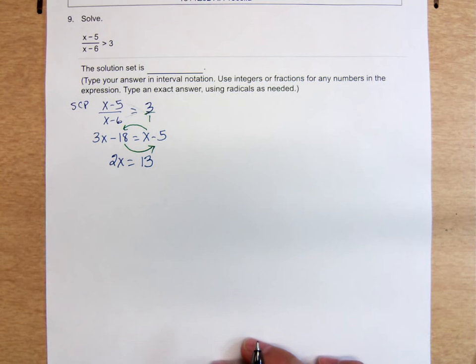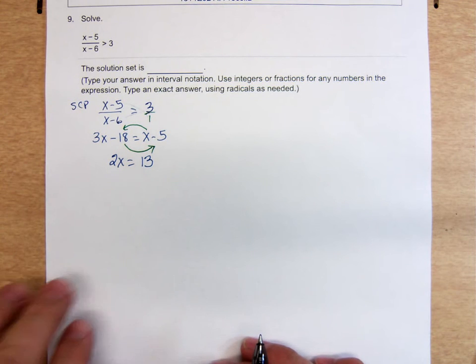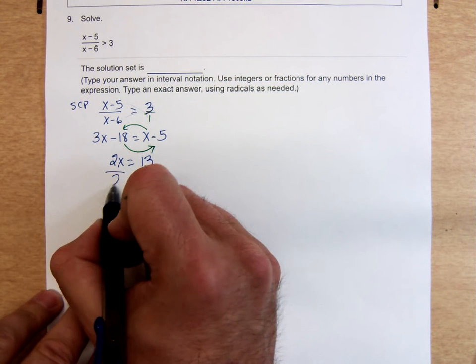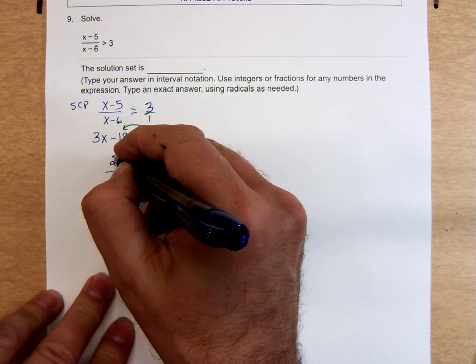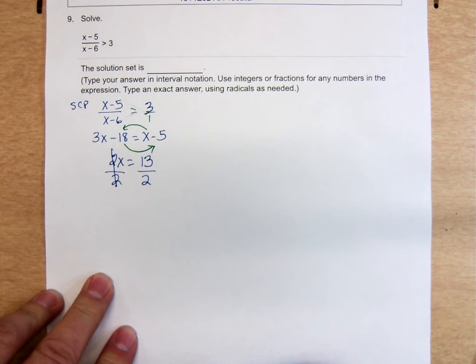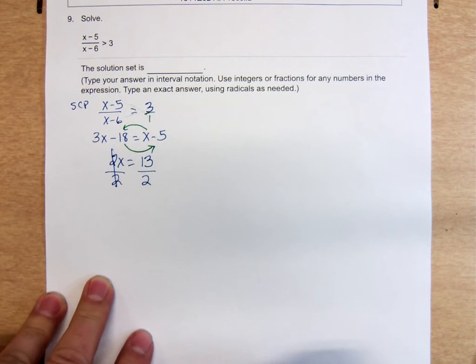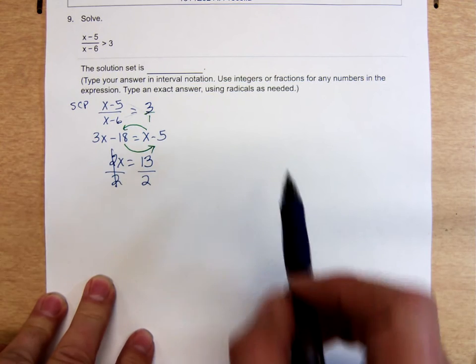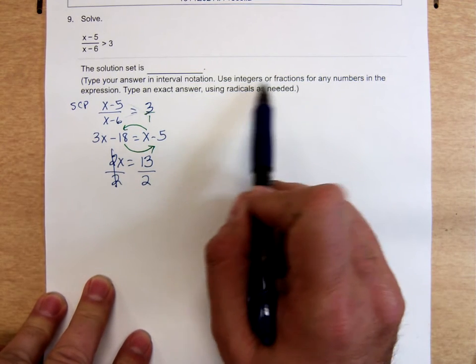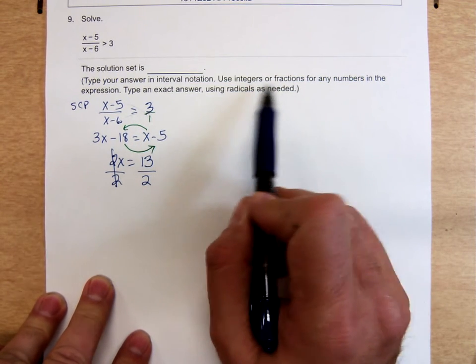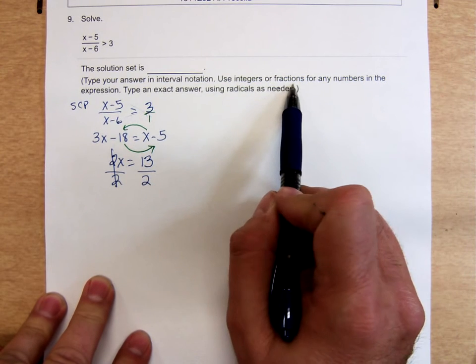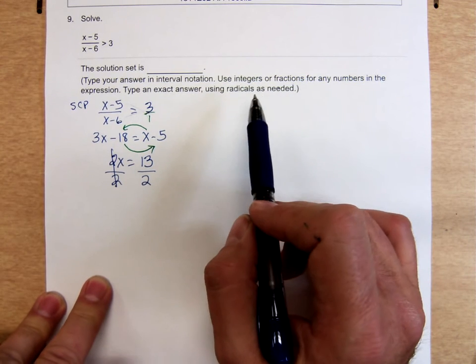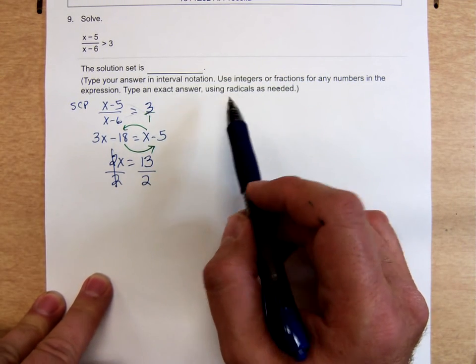Divide both sides by 2. So it looks like we're getting the fraction 13 over 2, which would be 6.5 if you think of it as a decimal. I wouldn't use a decimal because my math lab generally doesn't like you typing in decimals. They want an integer or a fraction, but maybe for locating it on the number line, you might want to think of it as 6.5.